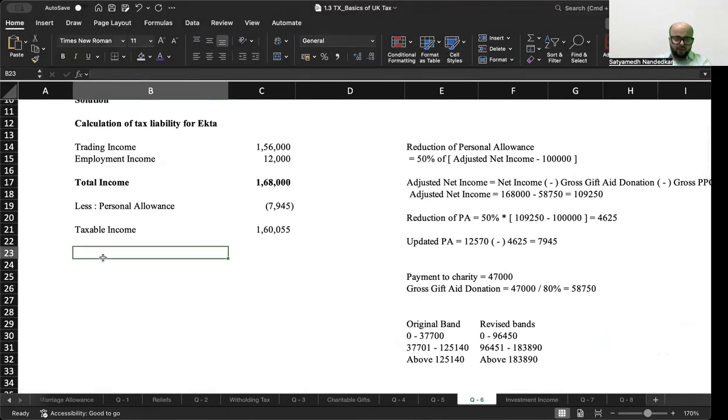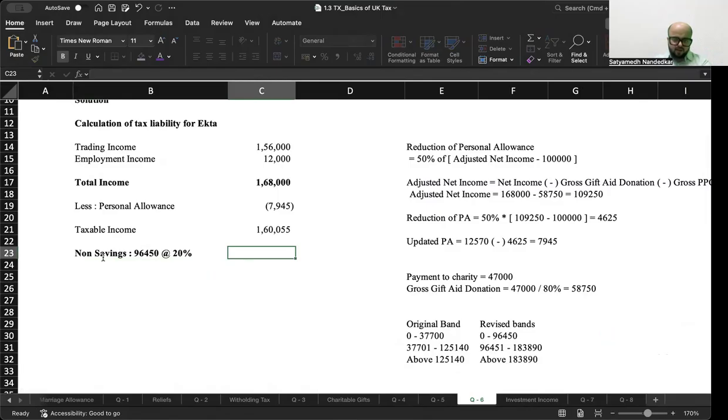Now, how should I calculate my income tax? So, non-savings income 96,450 at the rate of 20%. Okay. Now, see, my higher rate band is up to 183,890. This person's taxable income is 160,055. So very clearly he is a higher rate taxpayer. 96,450 into 20%.